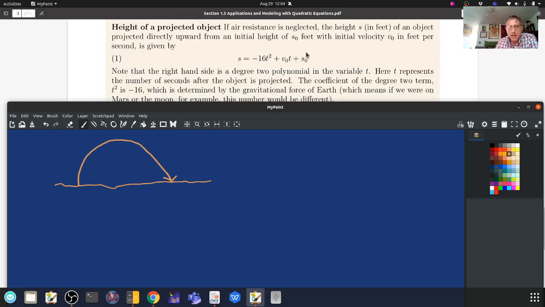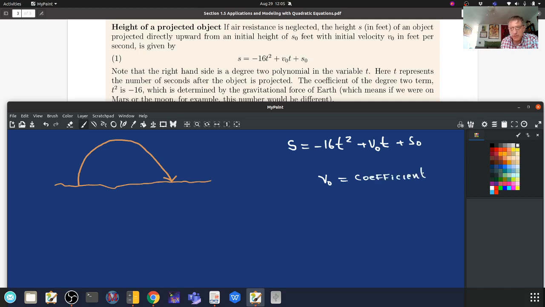S is the height in feet after t seconds. So in this case, we have our formula. S is equal to minus 16 t squared plus v naught, or v sub 0 if you wish, t plus s naught. So let me introduce to you, v naught is just a coefficient.